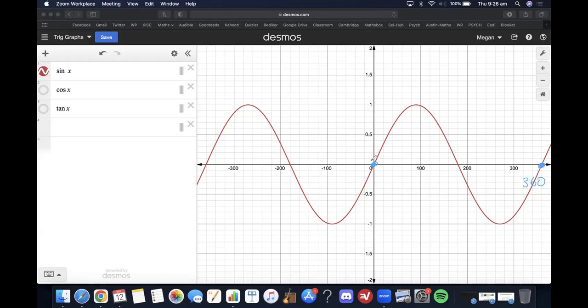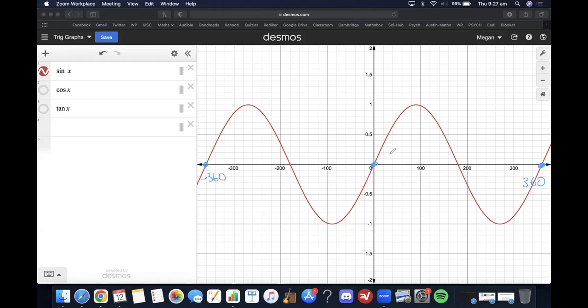So see how this pattern repeats once every 360 degrees. That's what I mean by unit circle, okay? Again, you don't need to know all about that, but what is happening is every 360 degrees, this wave repeats itself. So if you go back here, this is negative 360, right? It's going backwards.